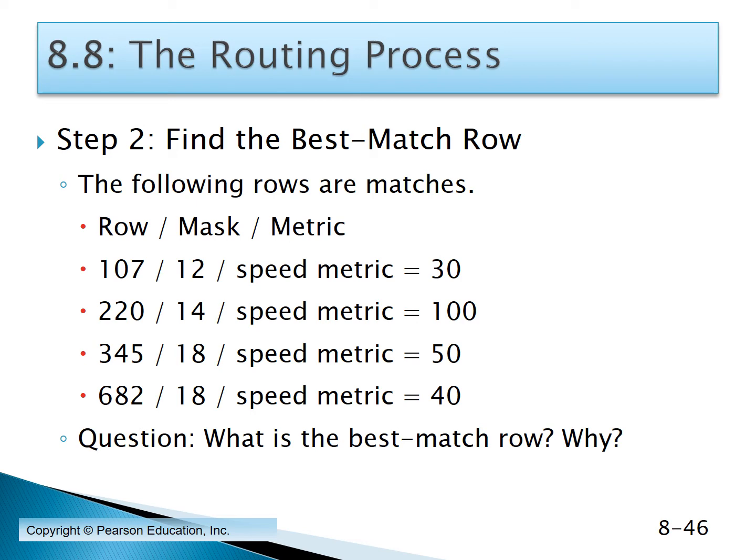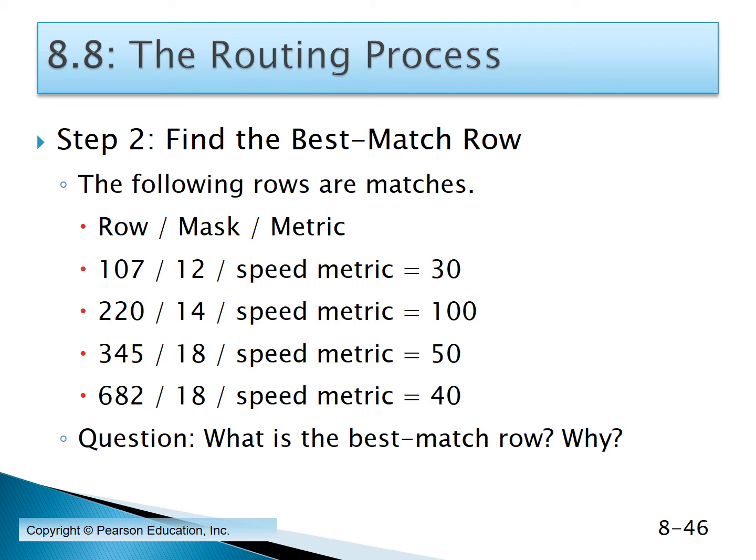Then let's look at another example. So we have 4 rows here. The first one has a mask 12. This one has a mask 14. And then the third one has a mask length 18, and the last one also has a mask length of 18. So we'll first select the two with the longest match, right?